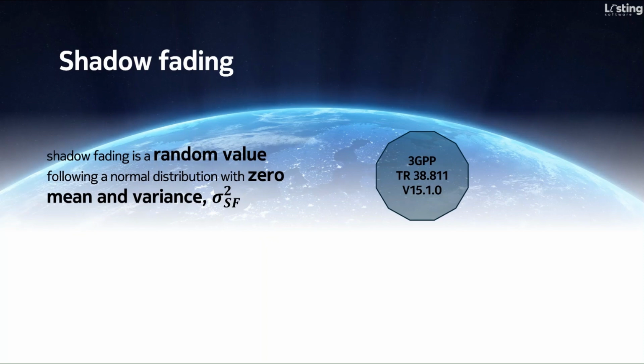However, for low elevation angles, the slant range has a significant part in atmosphere, and attenuation by atmospheric gases can then be significantly important for frequencies above 1 gigahertz.